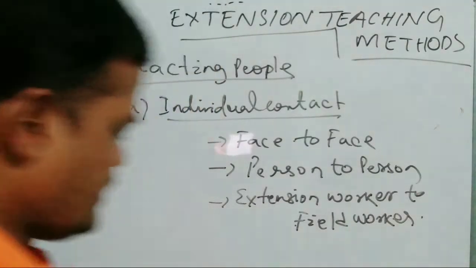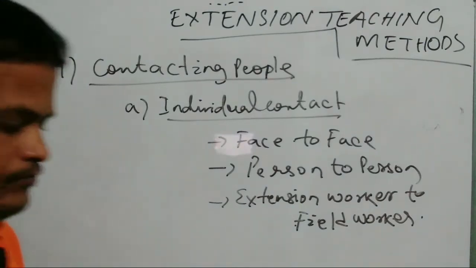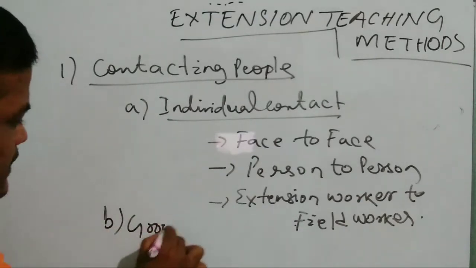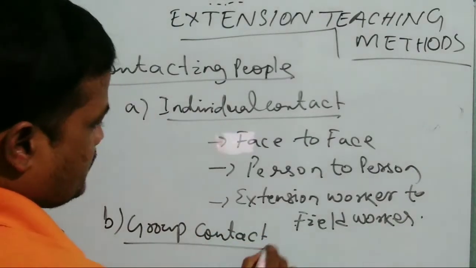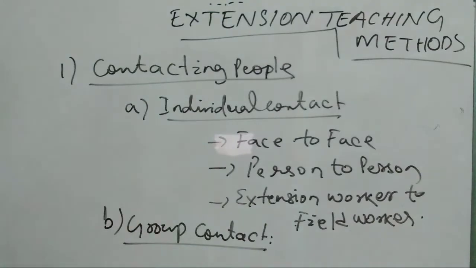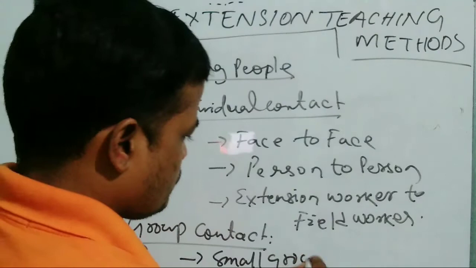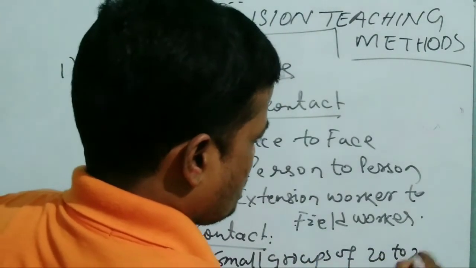Let us see the next method. The next method is the group contact method, number B. This method is used in small groups of 20 to 25 people.